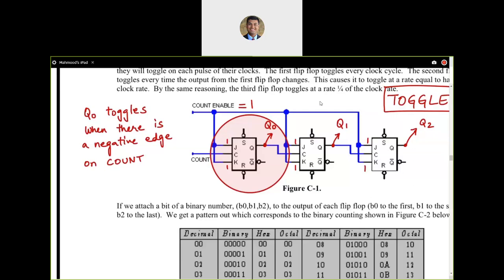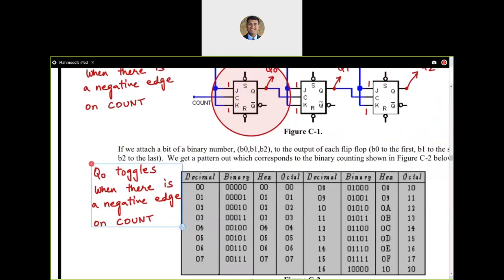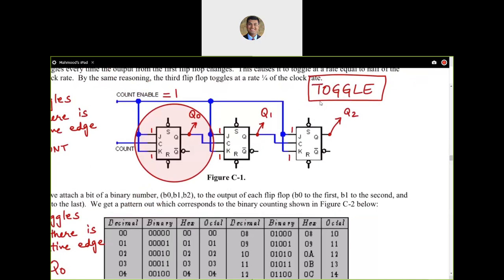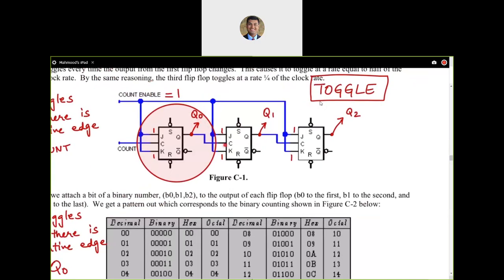Similarly, I can write 2 more statements. My second statement would simply be: Q1 toggles when there is a negative edge on Q0, because Q0 is actually connected to the clock input of the second flip-flop.